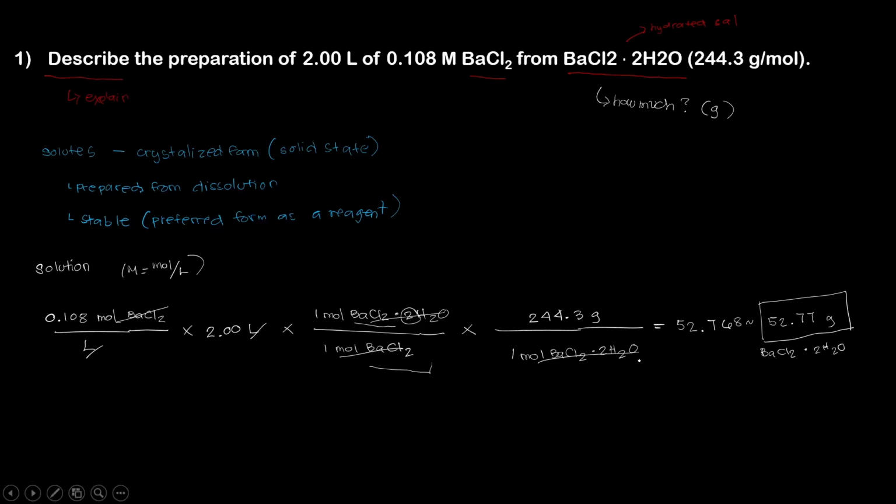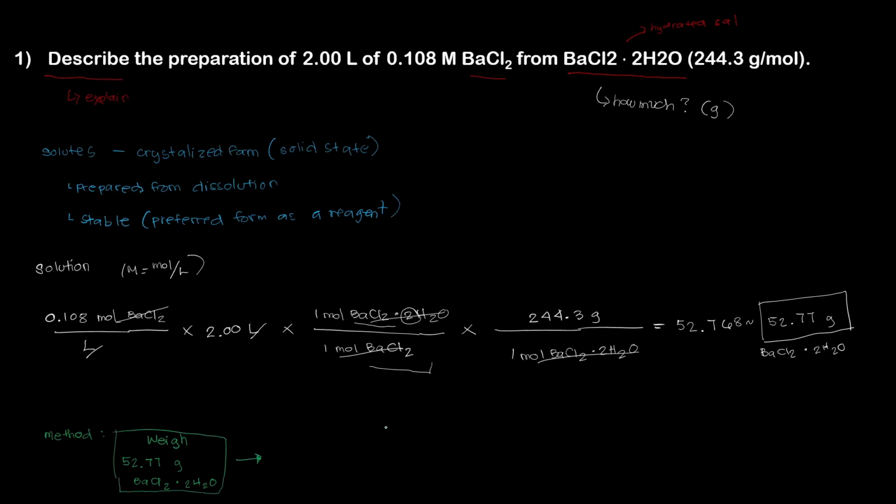So let's explain, because the question wants us to describe the preparation. So let's answer this through a method view. So first, weigh 52.77 grams of BaCl2·2H2O. So that is the first step. Okay.